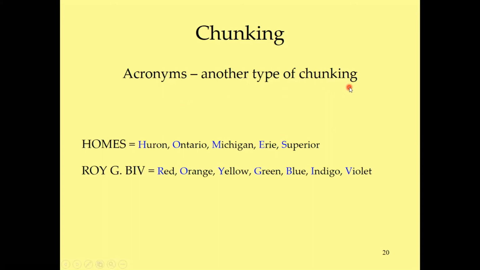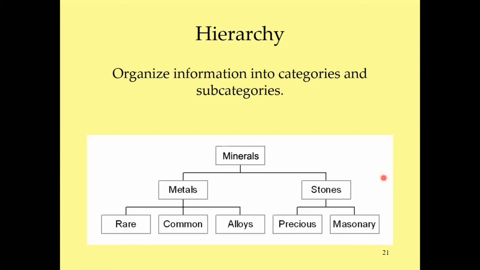So if you have to remember the colors of the visual spectrum or the rainbow in the correct order, you can learn the name Roy G. Biv. Not a real person as far as I know, but each of those letters represents one of the colors: red, orange, yellow, and so forth. Once you've got that, it's easy to remember. Notice you're organizing it into meaningful chunks again.